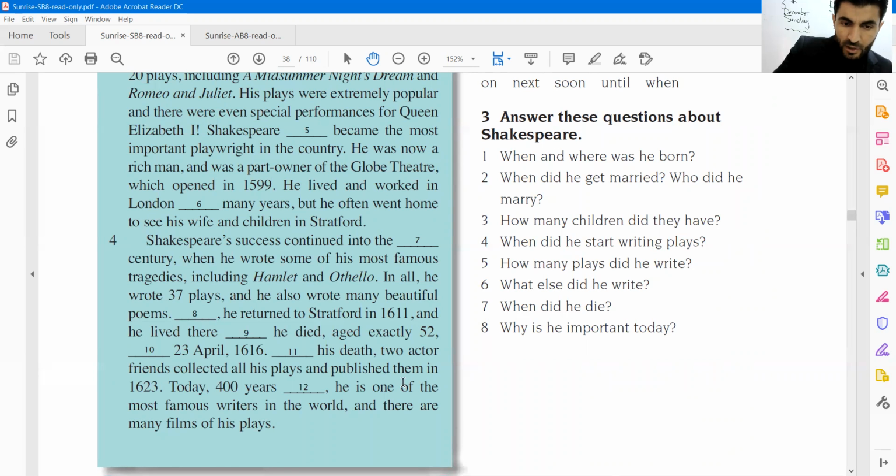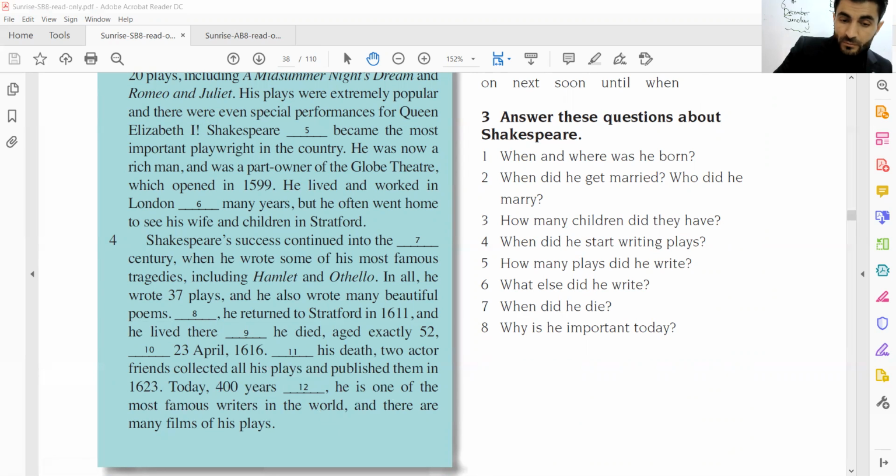After his death, two actor friends collected all his plays and published them in 1623. Today, 400 years later, he is one of the most famous writers in the world, and there are many films of his plays.